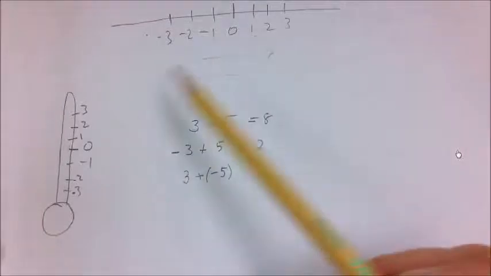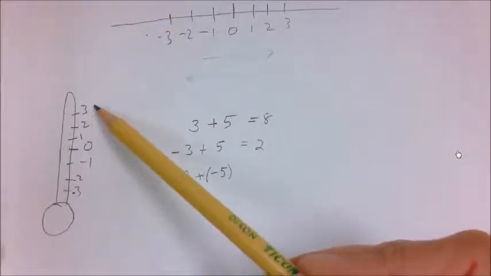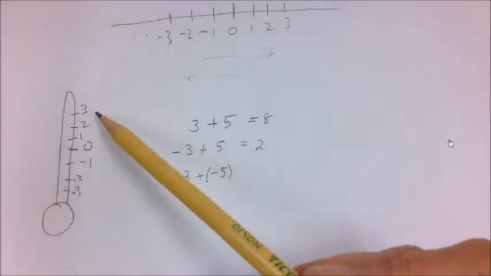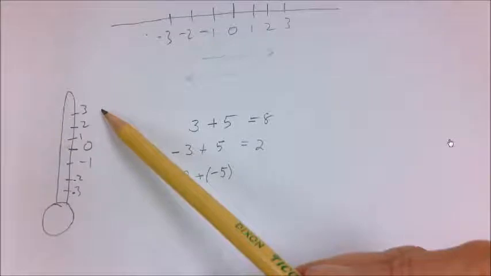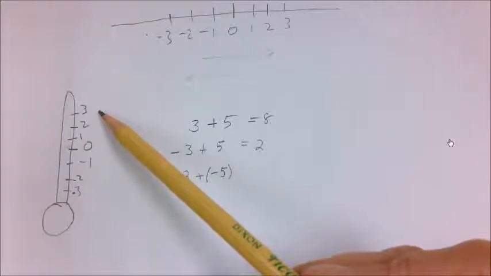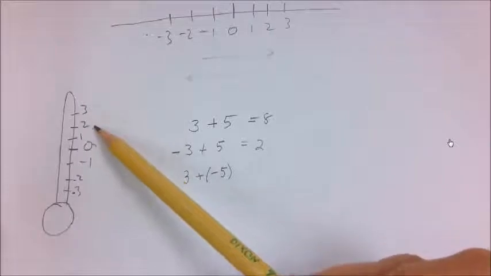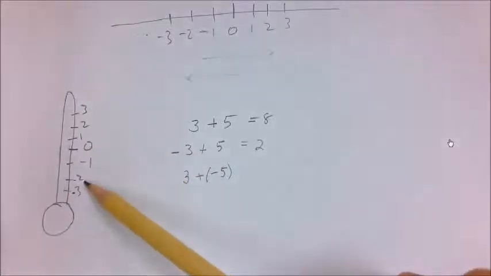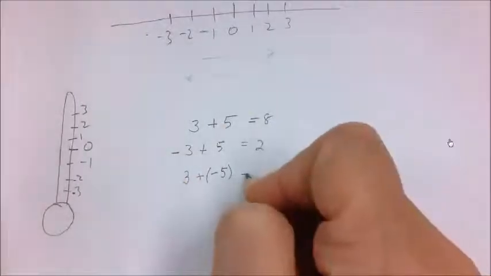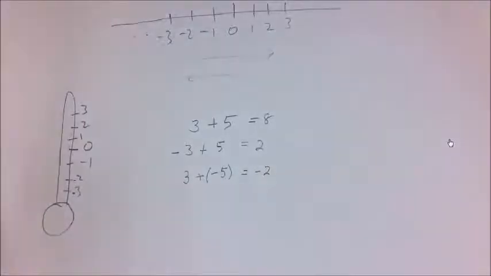This means my temperature is 3, and now I'm adding -5, which really means I'm going to get colder. If I'm going to add negative, it means I'm going to move down. So I'm at 3 and I'm going to move down 5: 1, 2, 3, 4, 5. And now I'm going to end up at -2.